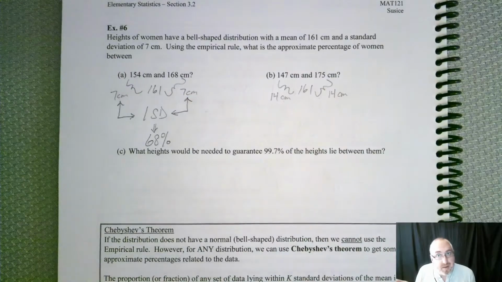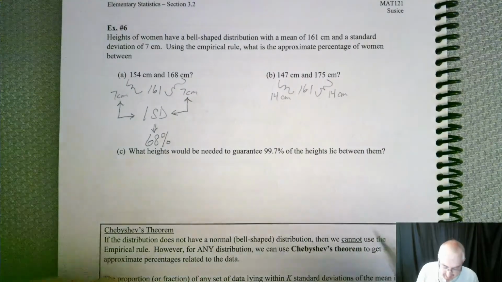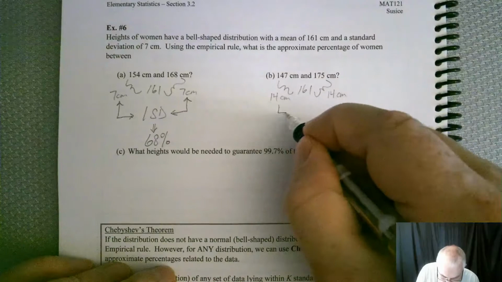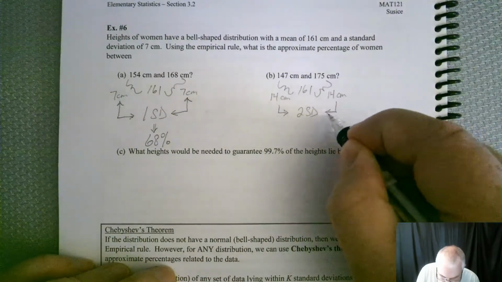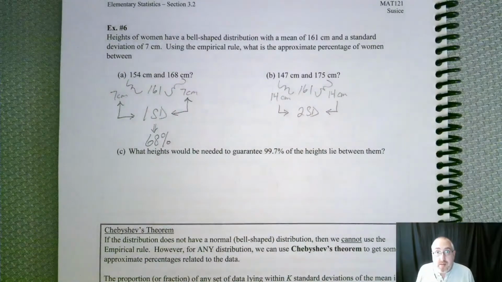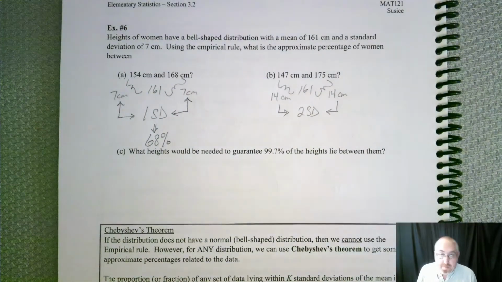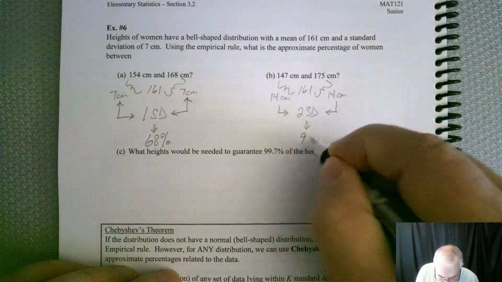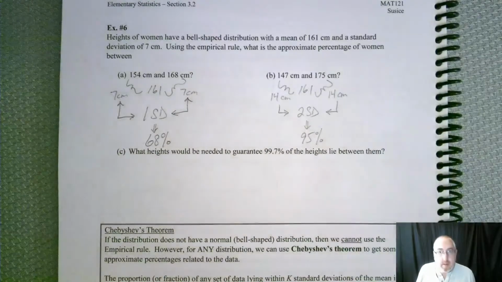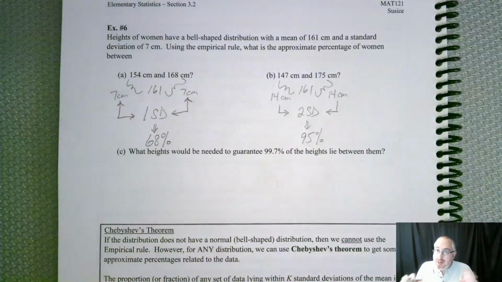So how many standard deviations is 14? It's got to be 2. So 2 standard deviations, go back to the previous page and take a look. What percentage is that? It's 95. Done.